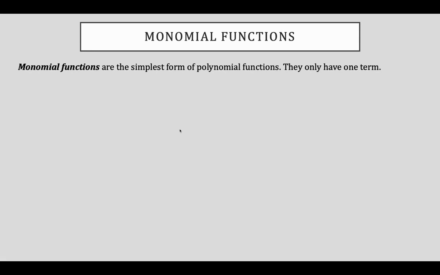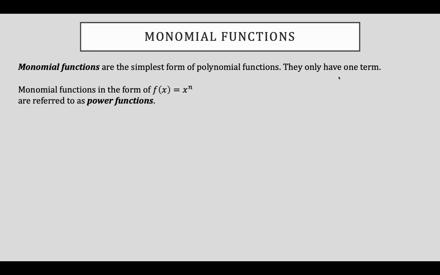Now, the most basic form of a polynomial function is a monomial function. The prefix mono means one, so monomial functions are polynomials that only have one term. Yes, I know it's interesting. Monomials fall under the category of polynomials.